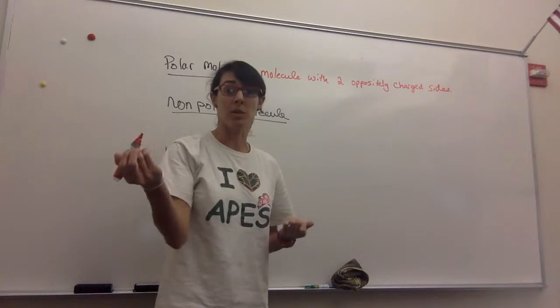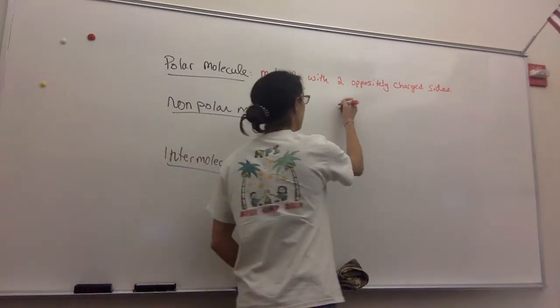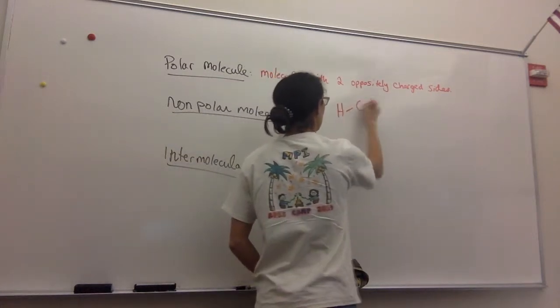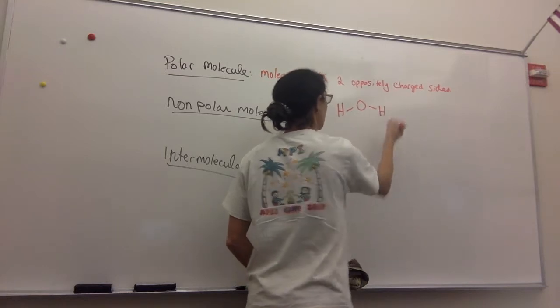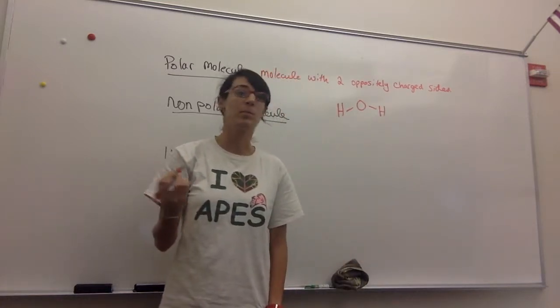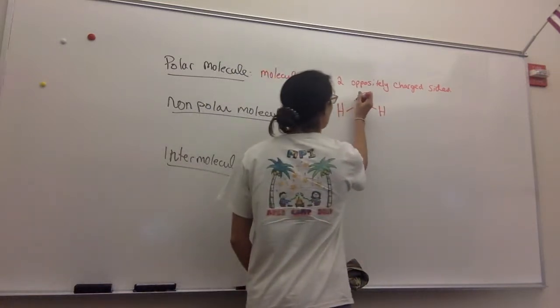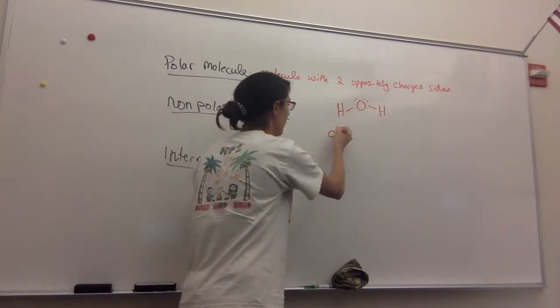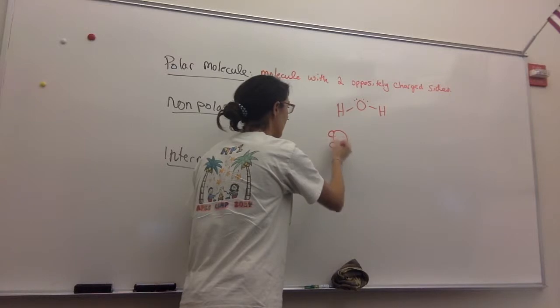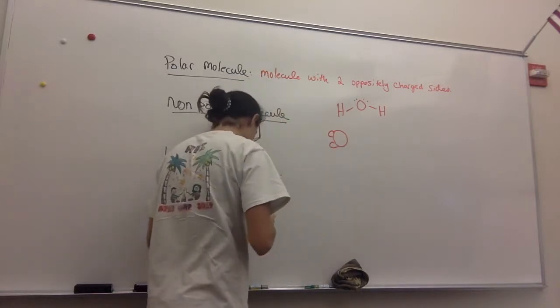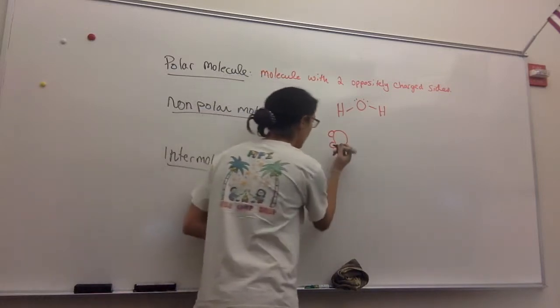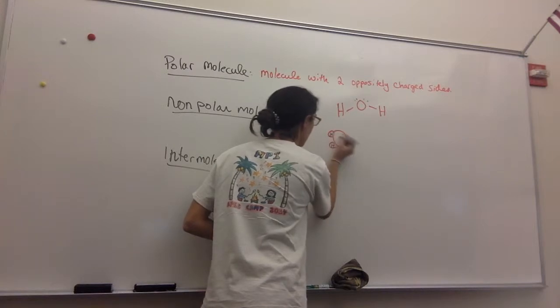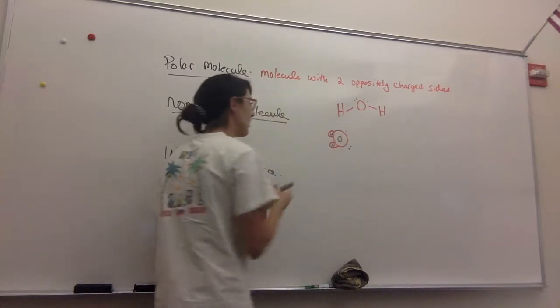When we look at a water molecule, for example, you have hydrogen, oxygen, hydrogen. And of course, I need to remember my lone pairs. A water molecule always kind of looks like this Mickey Mouse, where these are the hydrogens, and this is the oxygen.